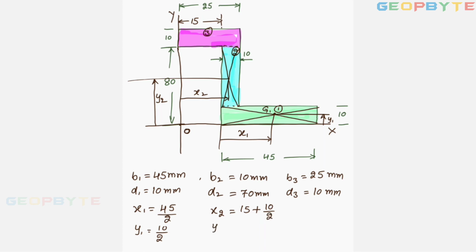And y2 equal to 10 plus, this distance is 70, so 10 plus 70 by 2.